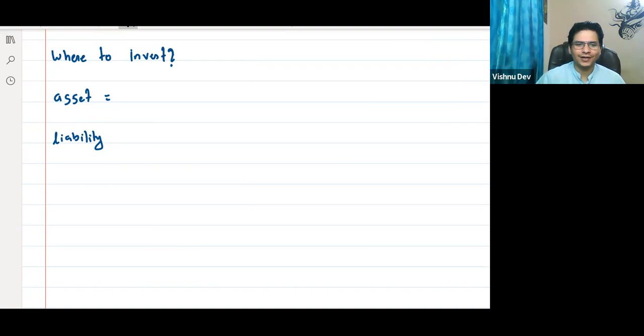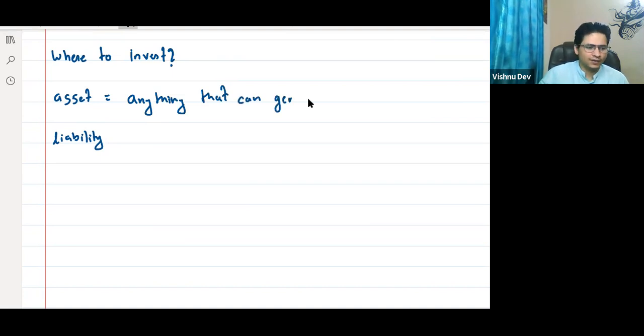So I will tell you what is the meaning of asset. Asset is anything that can generate value or money. Asset is something which is owned. And liability is what?